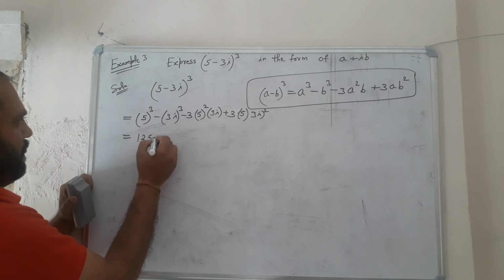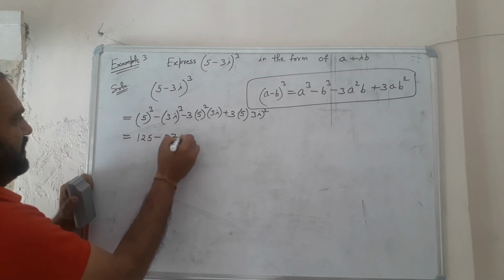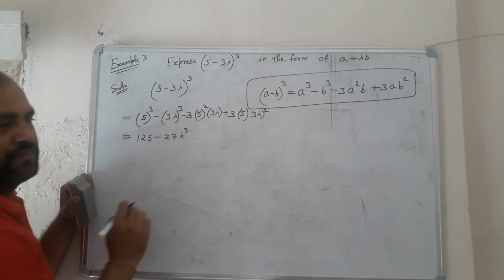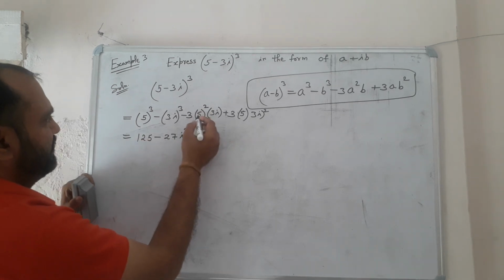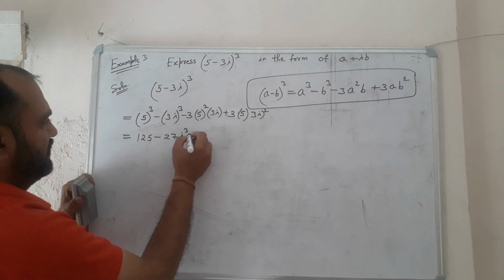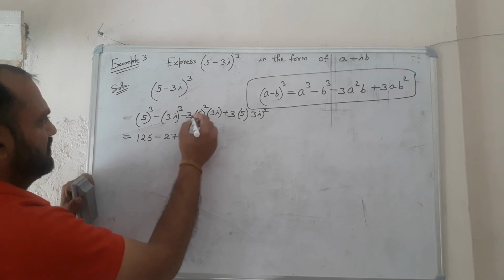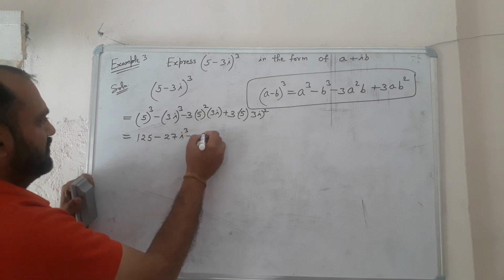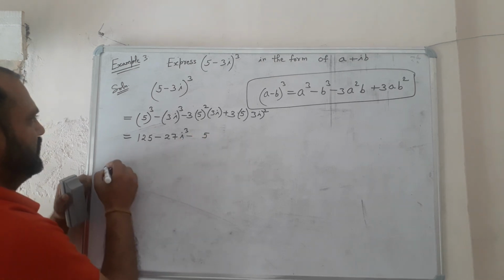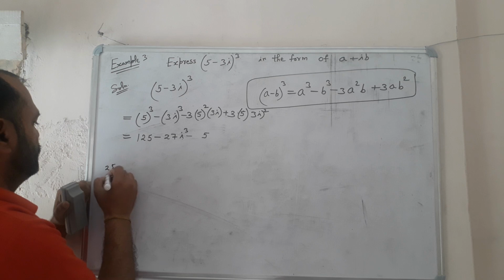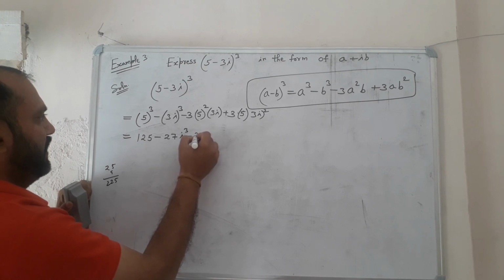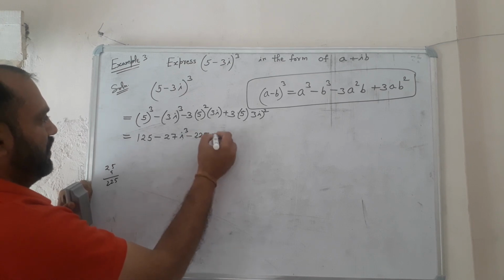This is minus 27 iota cube. This is 25 into 9, that is 225 iota.